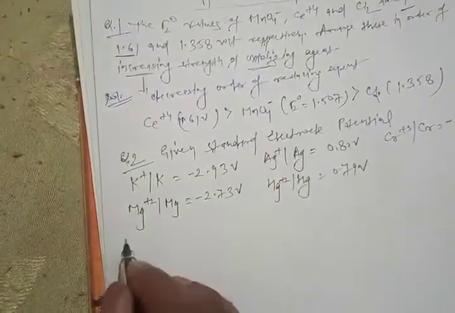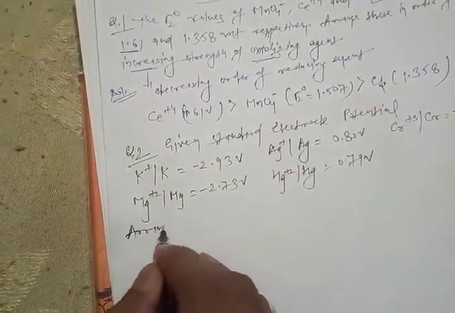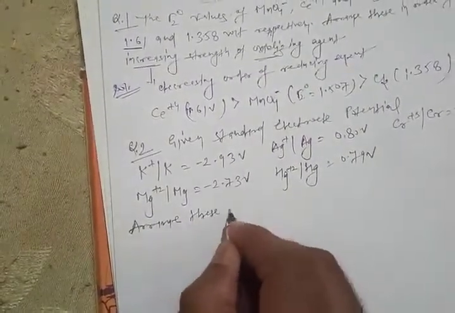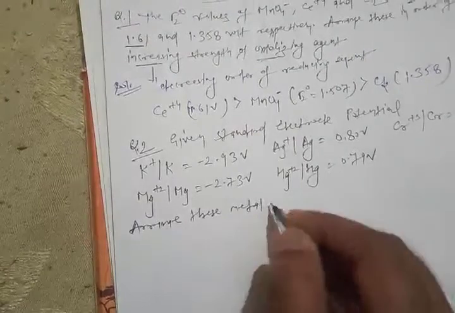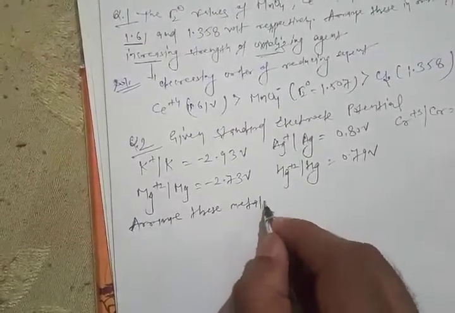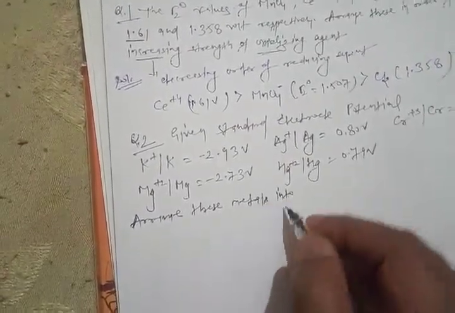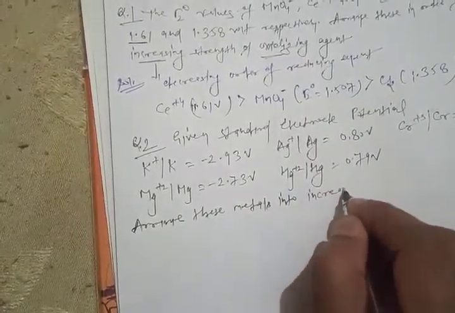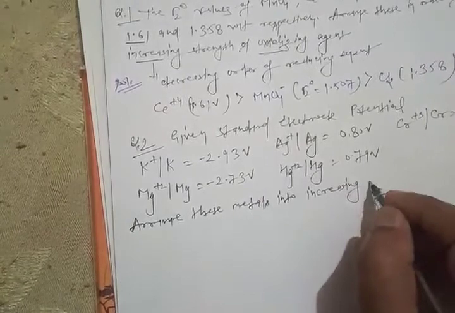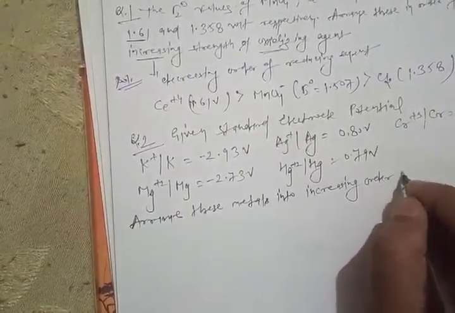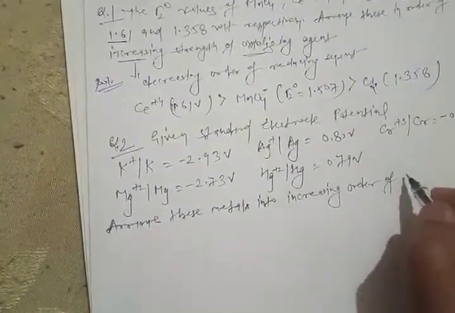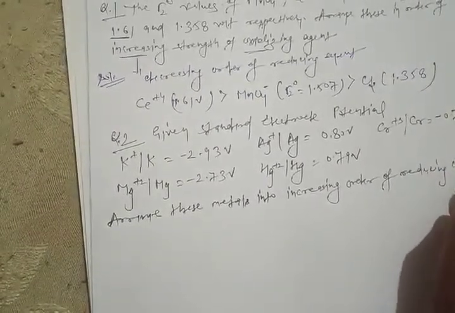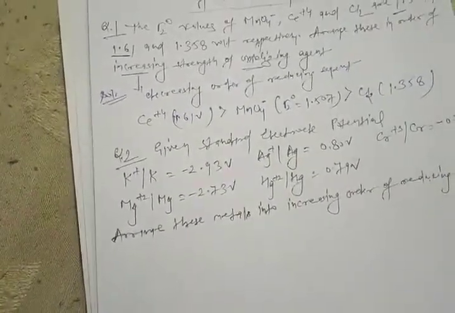The question is: arrange these metals into increasing order of reducing character.